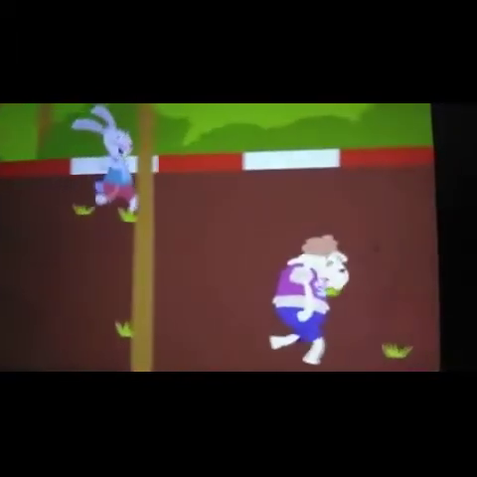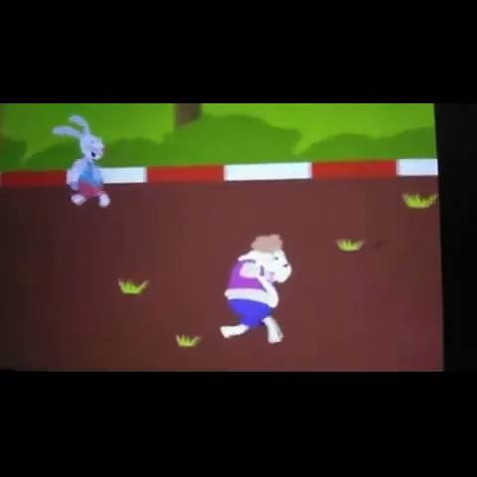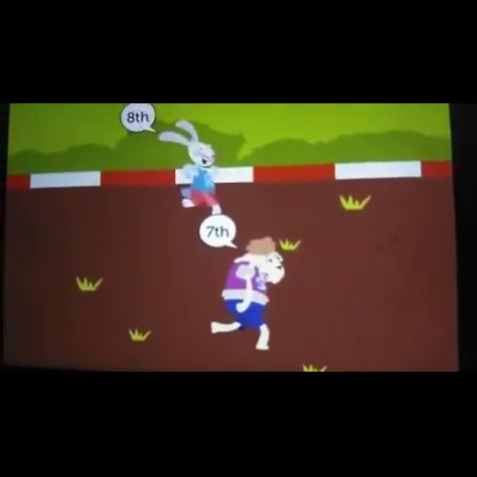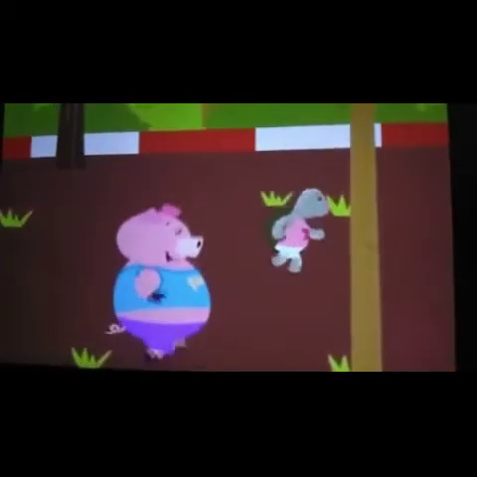They have reached the finishing point at seventh and eighth position respectively. The tortoise and the pig are running very slow. They are ninth and tenth respectively. With this, the race ends.